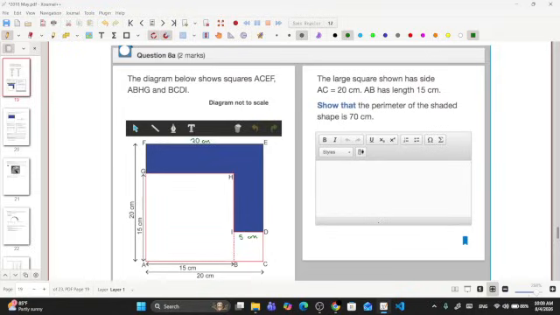If this length is 5 centimeters, then automatically this length is also supposed to be 5 centimeters, right? This length will be 15 centimeters.